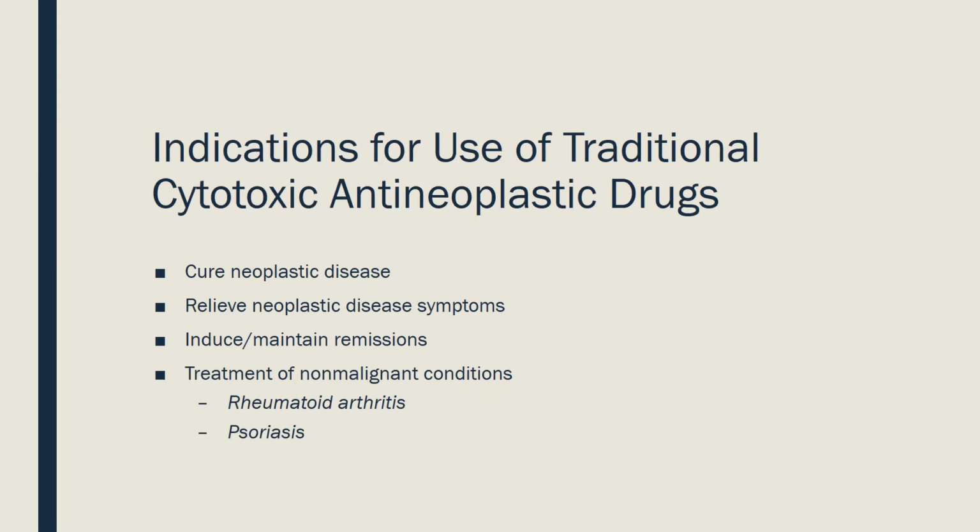Indications for cytotoxic neoplastics, of course, are to cure certain cancer diseases, to relieve symptoms of certain cancers, and to induce or maintain remission. And also you'll see some of these used for conditions such as rheumatoid arthritis or psoriasis, those autoimmune types of conditions.